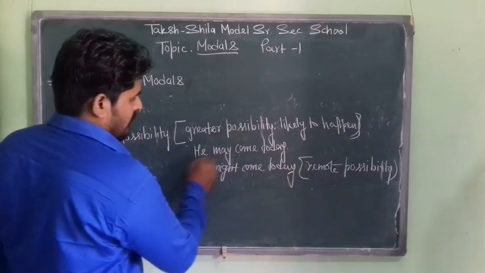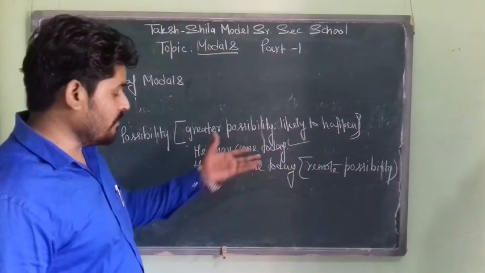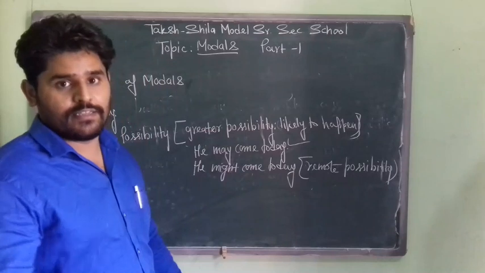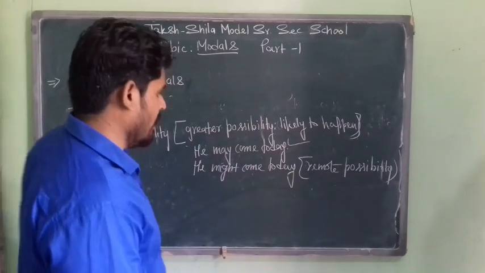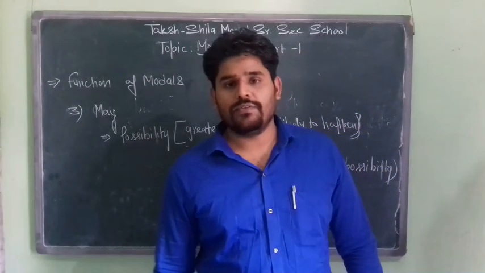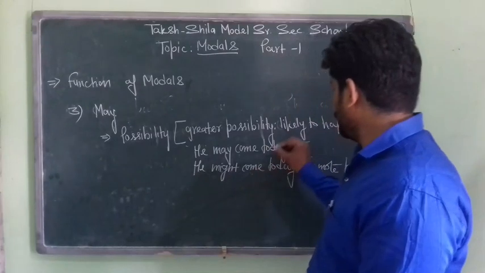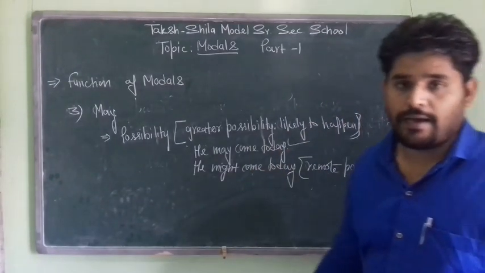So if I say he may come today, that means the possibility is greater and he will come. If I say he might come today, there is a remote possibility, meaning the chances of his coming are very low, but with may the chances of his coming are very high.